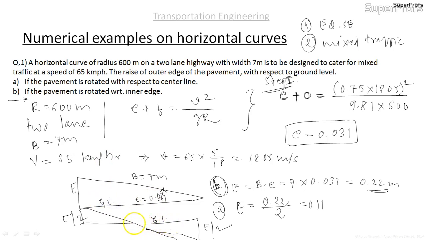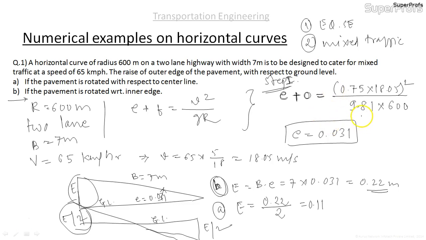So in this case the raise is E by 2, and in this case it is capital E. This question was asked to check your understanding: you should know what the capital E value is when the pavement is rotated about the inner edge and when rotated about the center.